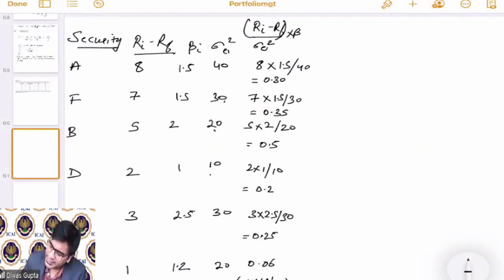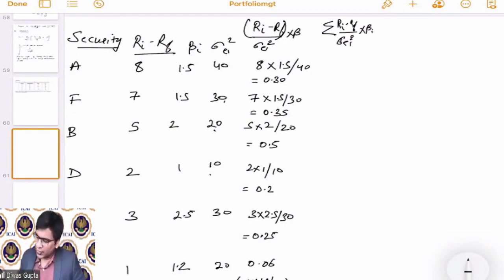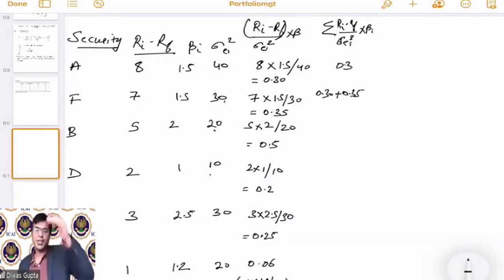Now this entire thing I'm putting here as a summation of Ri minus Rf divided by residual variance and beta. So first one will be 0.30. Second one will be 0.30 plus 0.35. We have to do the running summation, correct? For A it is there, then for F it will be A plus F. So 0.3 plus 0.35 comes as 0.65.